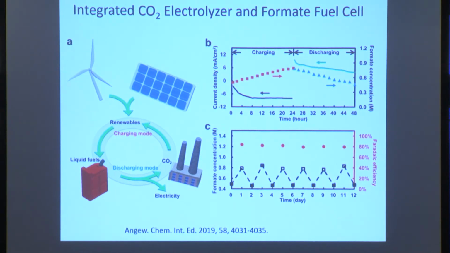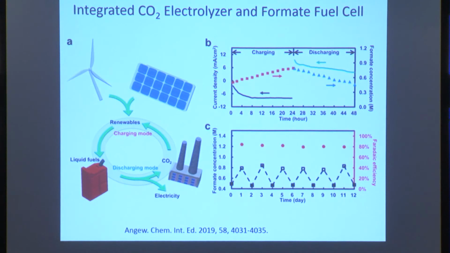So with that single catalyst, I tune the potential, I tune the composition, I tune its catalytic properties, and that can make it switch between a catalytic electrode for an electrolyzer and a catalytic electrode for a fuel cell. So I can run it in two different modes, and that can be used to do energy storage.